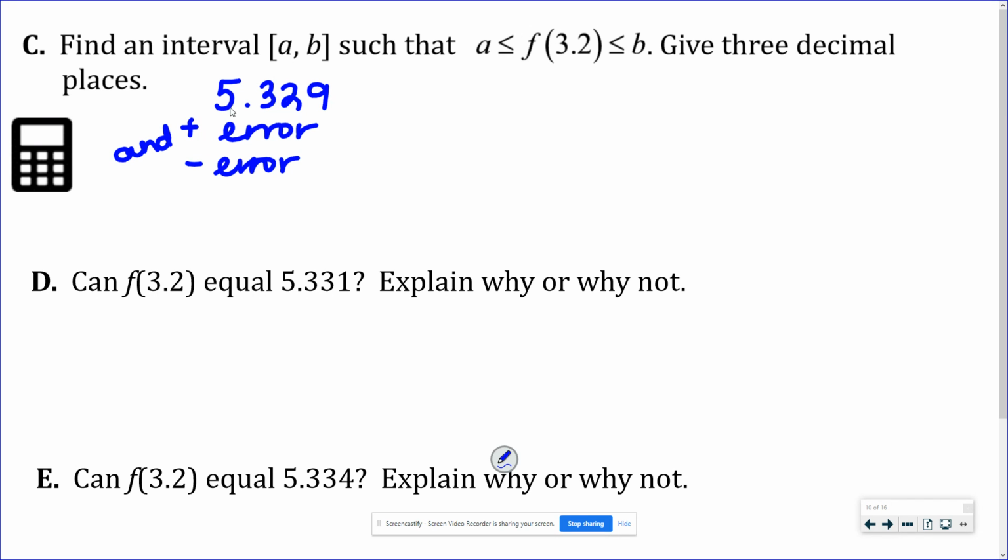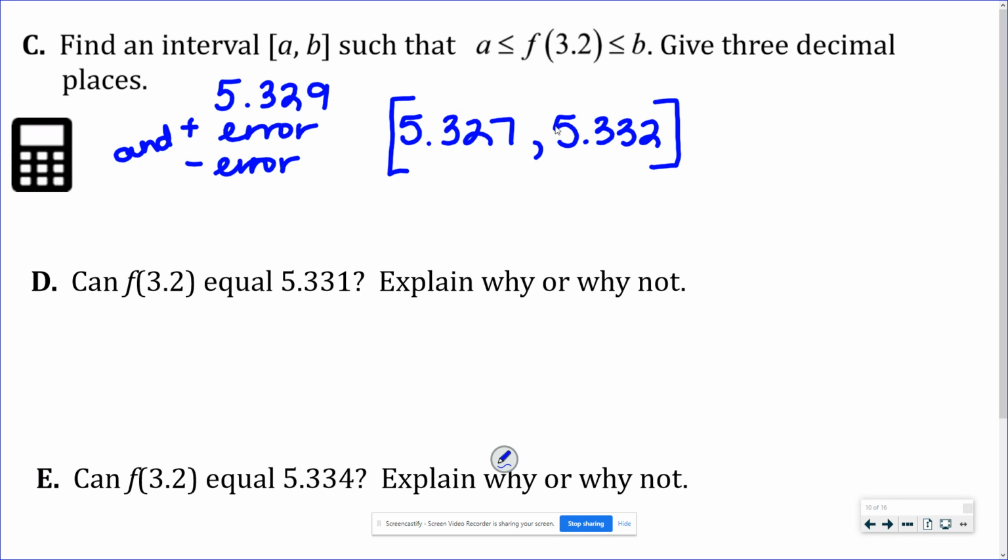So my lower bound would be 5.329 minus the 0.00233. That would be 5.327. That's the lowest that my answer could be based on possible error. And if I add the 0.00233, I would get 5.332, which means that's the largest that my possible answer could be.